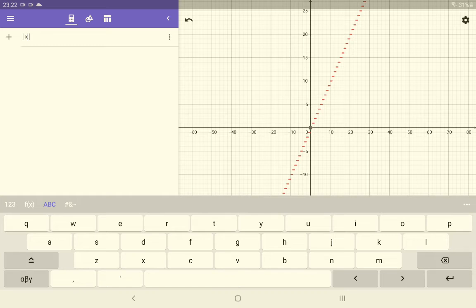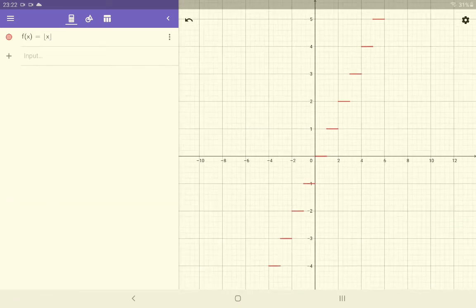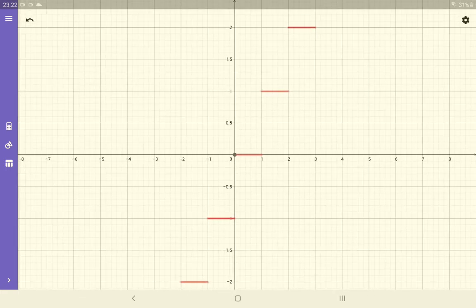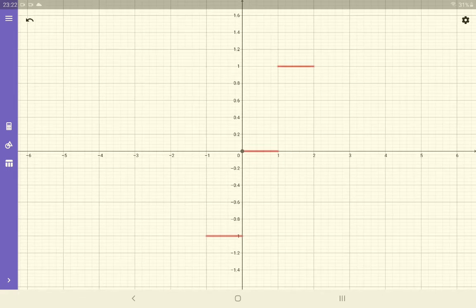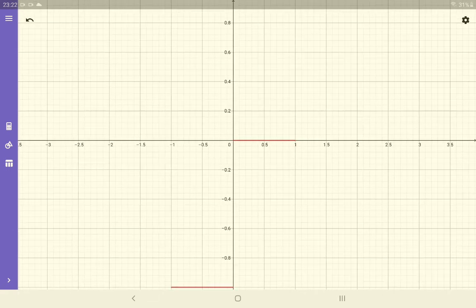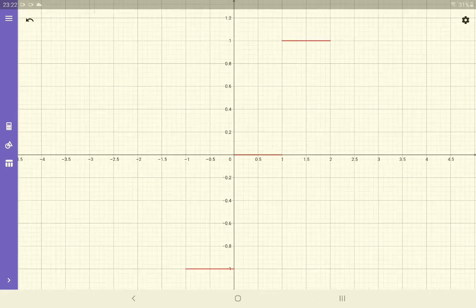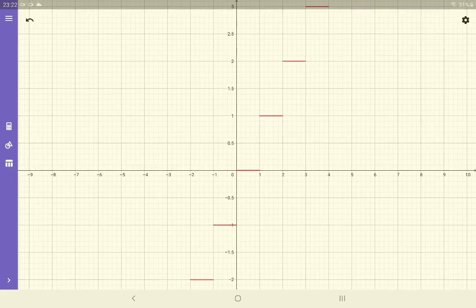See, in your textbook you can see the graphical structure of the greatest integer function like steps. So what is the exact meaning of this?